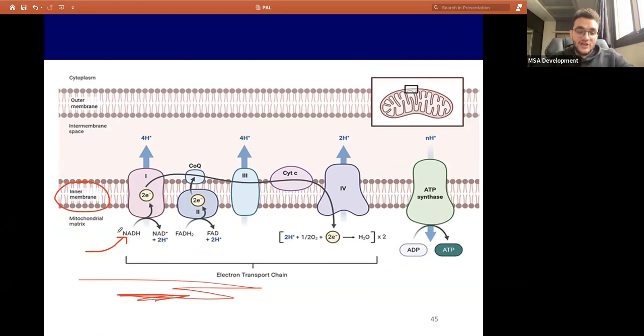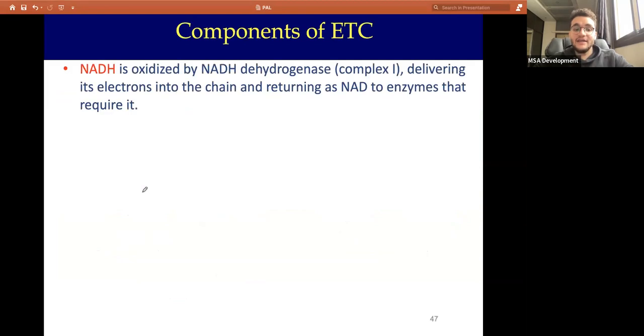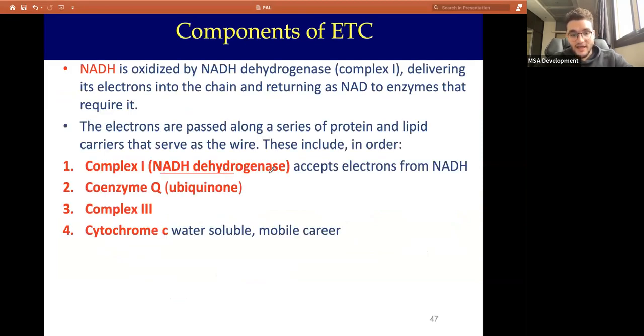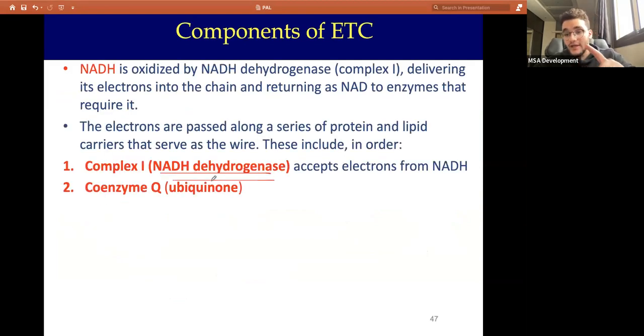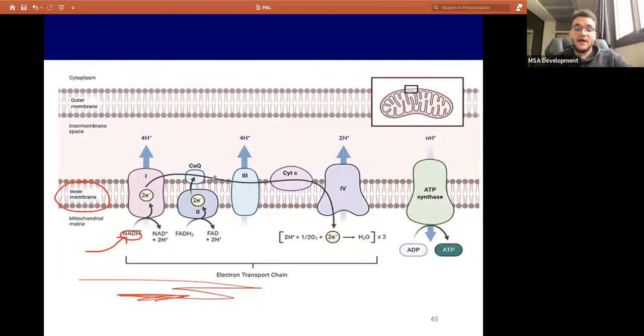NADH is reduced and it donates an electron to complex number 1, the first component of the electron transport chain. When it donates an electron, it becomes oxidized. Complex number 1 is also called NADH dehydrogenase, because it only accepts electrons from NADH.